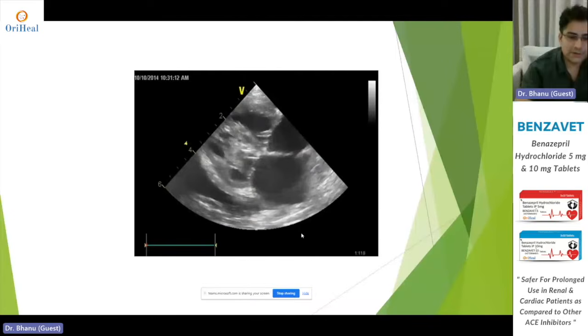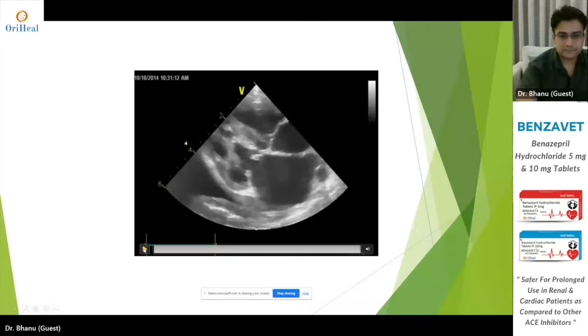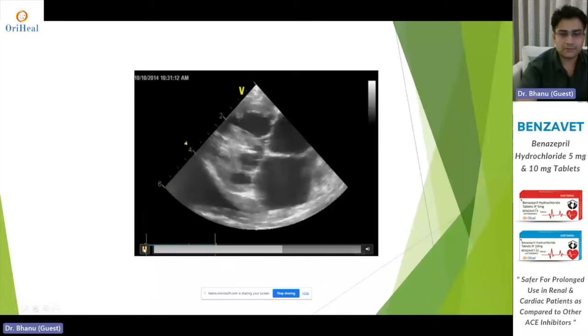This is just a video loop to give you all an idea of how restrictive cardiomyopathy or HCM would look on the echo. Hypertrophic cardiomyopathy, we all saw that echo loop. This is RCM.